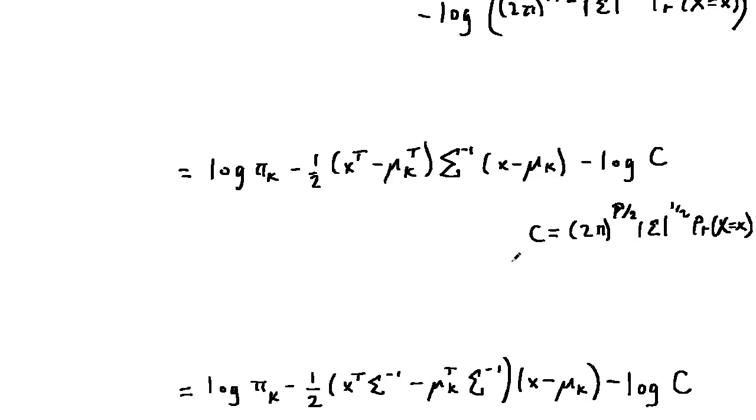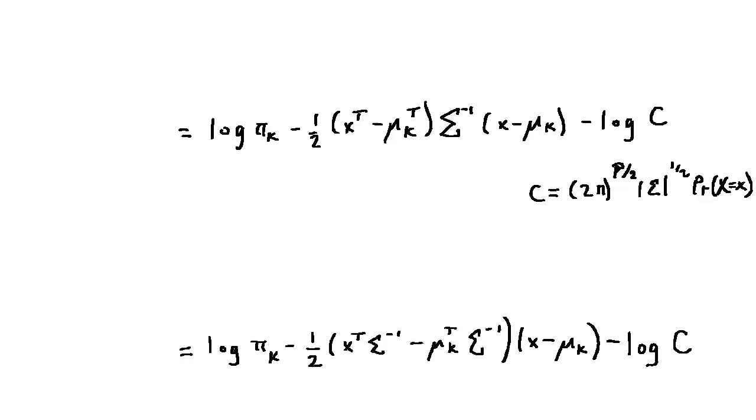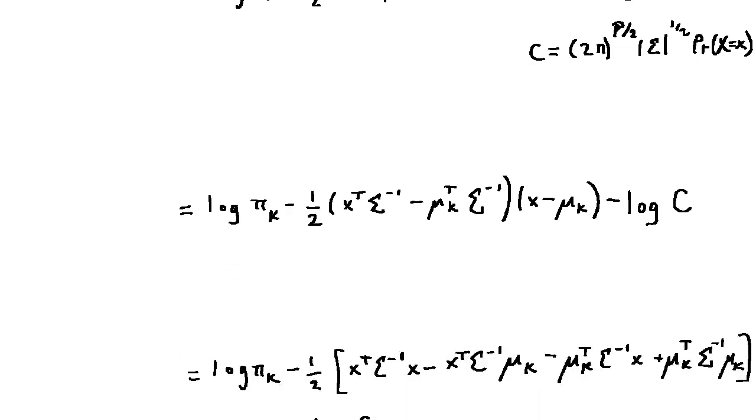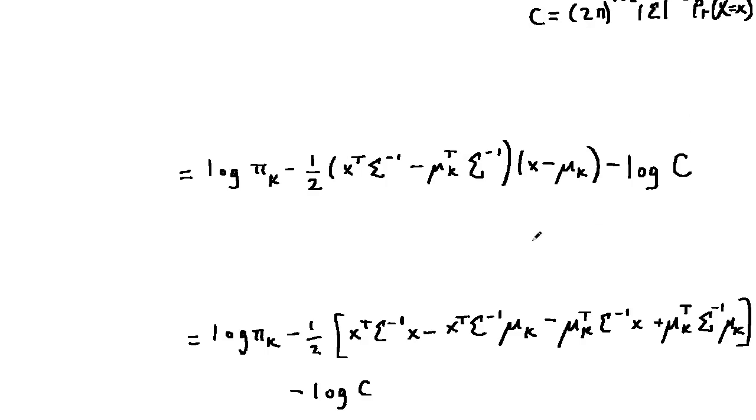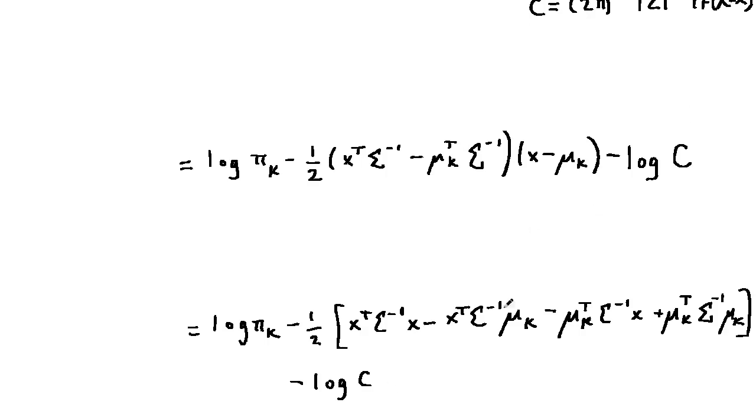Now here we just distributed the sigma inverse on the right hand side, and then we distributed the x and the mu sub k here.